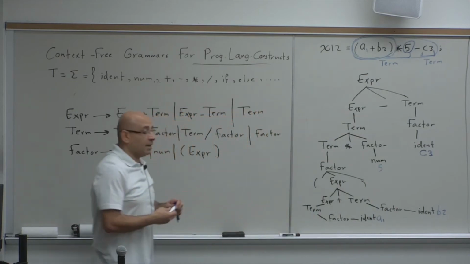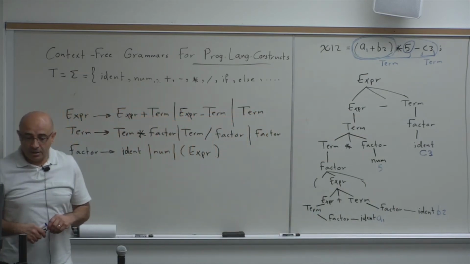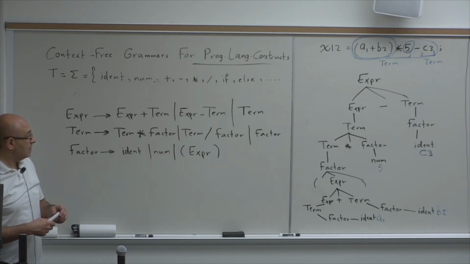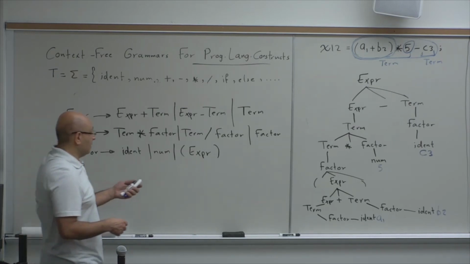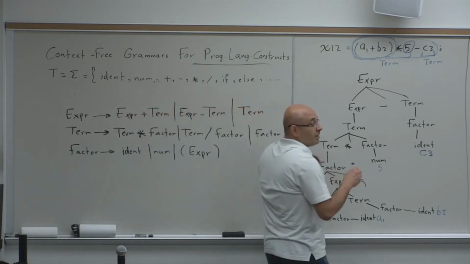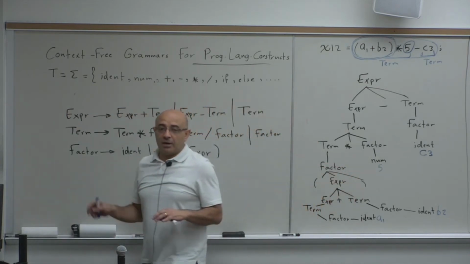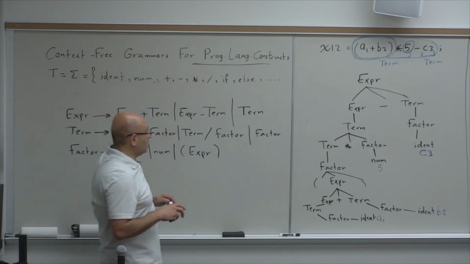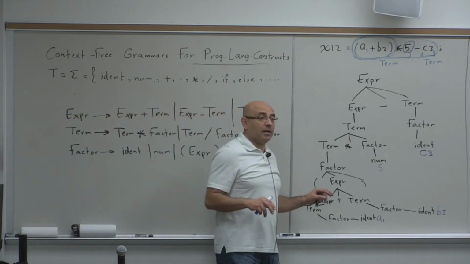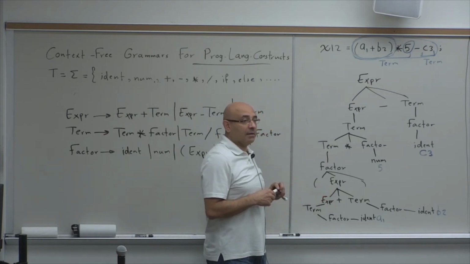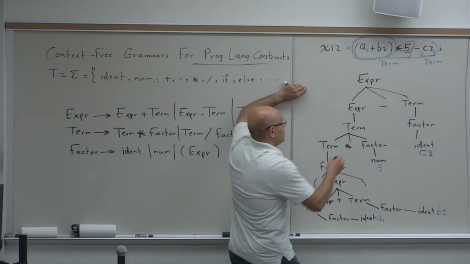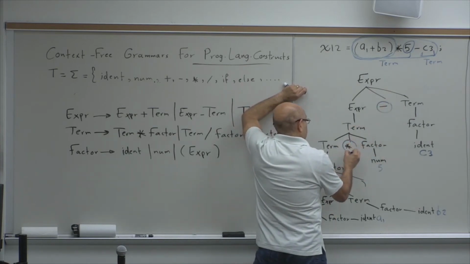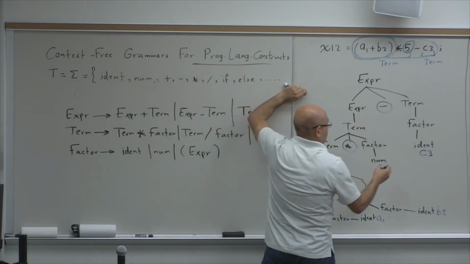Now, is everything a terminal now? Is every leaf a terminal? Every leaf is a terminal, right? Terminals here, in the context of compilers, are tokens recognized by the scanner. So is everything in the leaves something that the scanner recognizes? This is something that will get recognized by the scanner. This is something that will get recognized by the scanner.